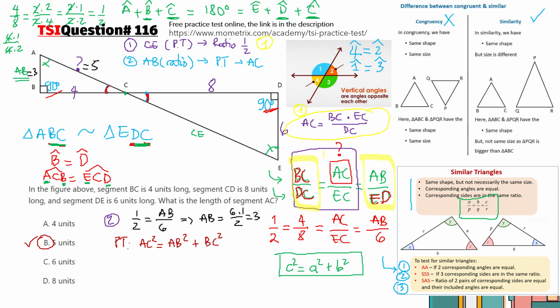Then AC squared is equal to 3 squared plus 4 squared, 9 plus 16 equals 25. Now we square root both sides, the square root of 25 is 5. So AC equals 5.